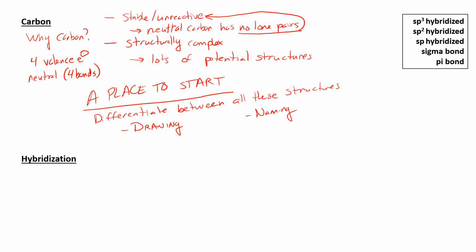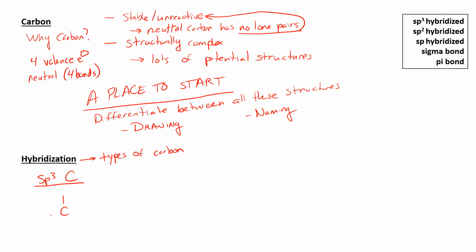The first type of naming that we're going to talk about is hybridization. So what are the types of carbon? Hybridization is just a fancy word for what are the types of carbon that we are interested in. And there are 3 types. The first type is an sp3 hybridized carbon, or sp3 carbon.